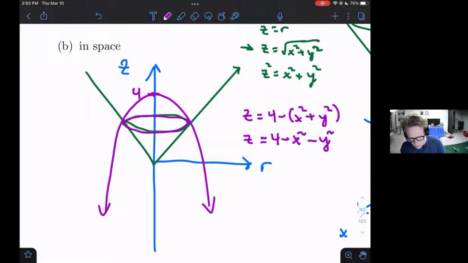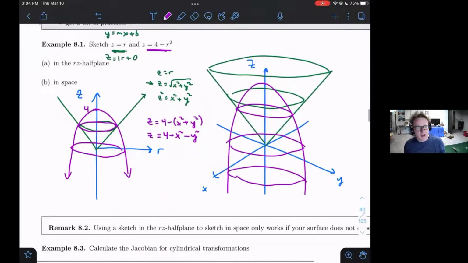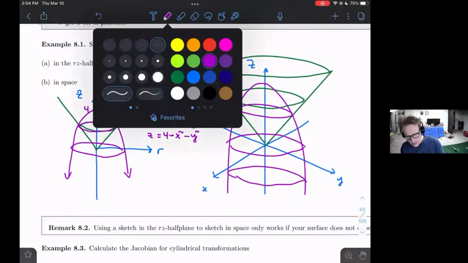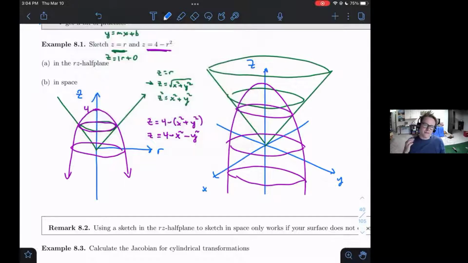And quite often we're interested in where these things intersect, and so you can see I'm drawing their intersections here. You can get a relatively fast picture in cylindrical coordinates, very useful, just by graphing this in the rz half plane and then spinning it around the z-axis. So this ends up being quite a useful technique to visualize what we have here.